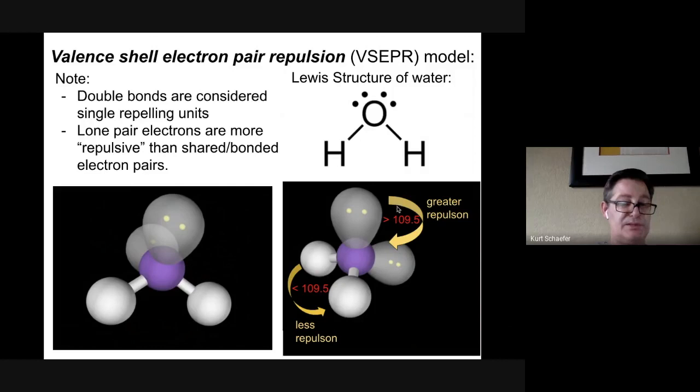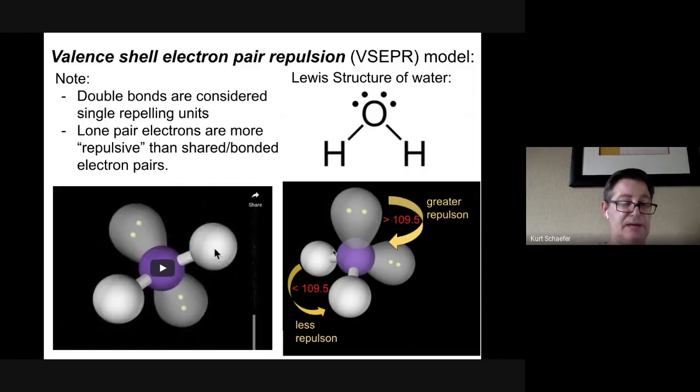What's also interesting is that instead of adopting the perfect tetrahedron, for example, if we were looking at methane and this instead of oxygen were carbon bonded to 4 hydrogens, you would get a perfect angle of 109.5 in all directions. But interestingly, non-bonded pairs are actually more repulsive than the electron pairs and bonds around the central atom.